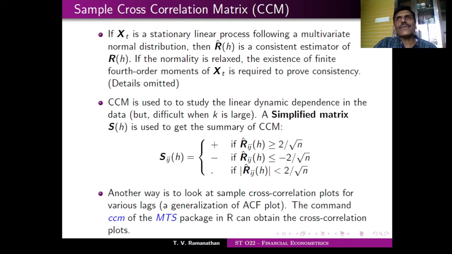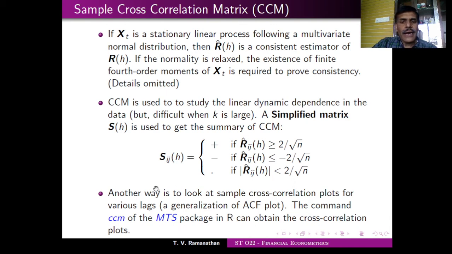Well, one way is that you can again go for the cross correlation plot for various lags. So I'll just consider the cross correlation plot for lag 1, lag 2, lag 3, etc., which can be computed. The command CCM of the MTS package of R, MTS meaning multivariate time series, can obtain the cross correlation plot.